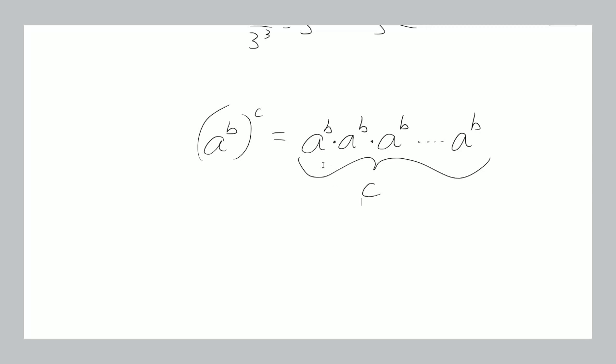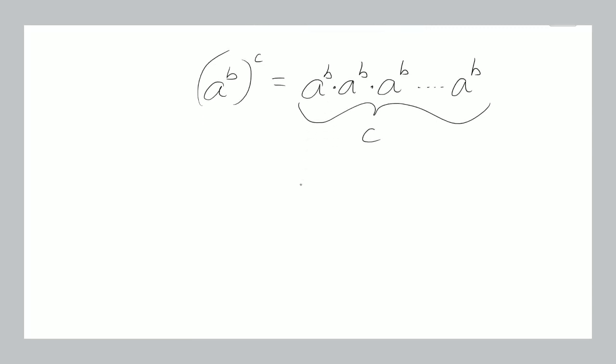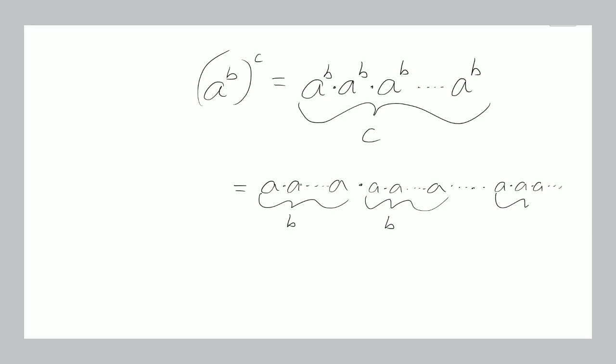Okay, let's break down every one of those a to the power of b's now. So we have a times a bunch of those. How many of them? B times a, and a bunch of those. How many a's are we multiplying by one another? B. And we just keep doing that, right? A times a times a, b times, right?